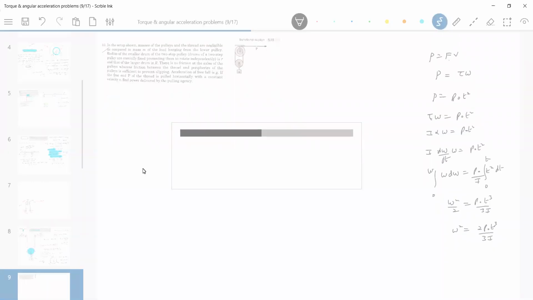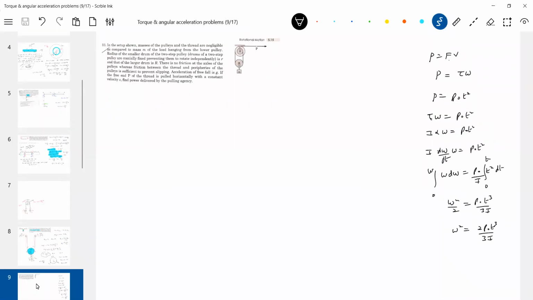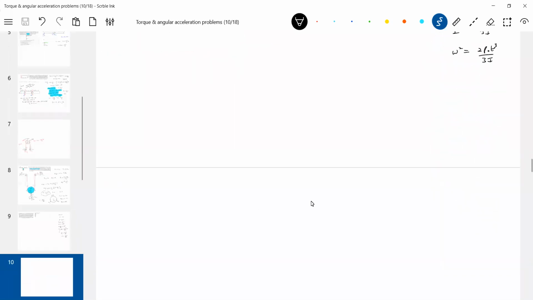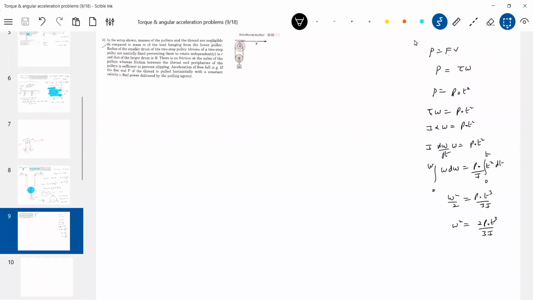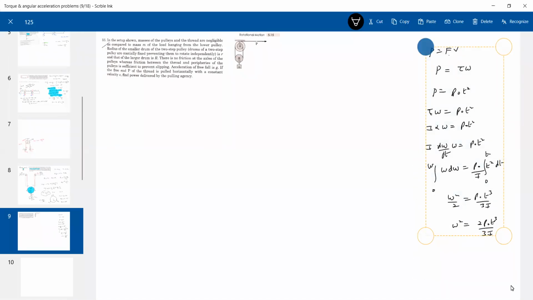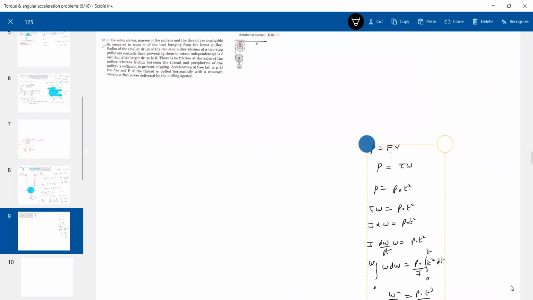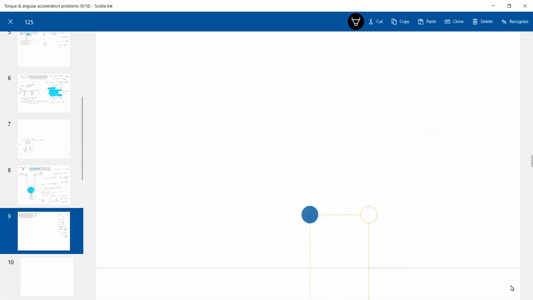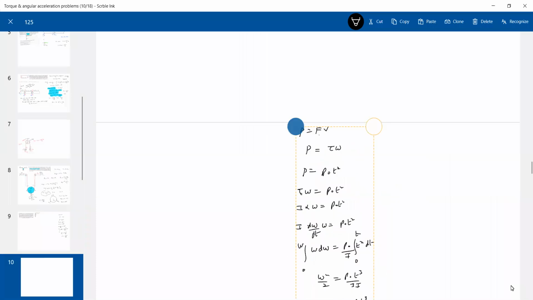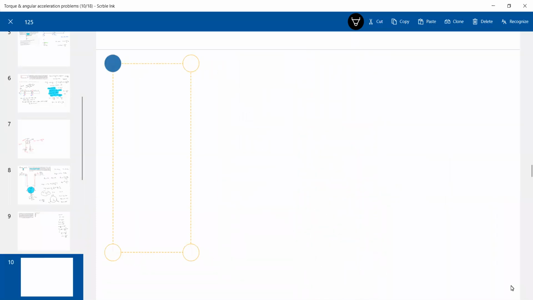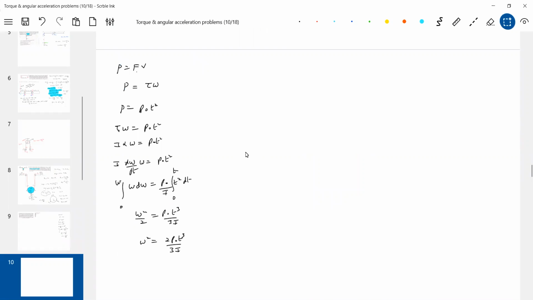Let me give the mathematical idea. I'll put it on a separate page. So this is what power is.